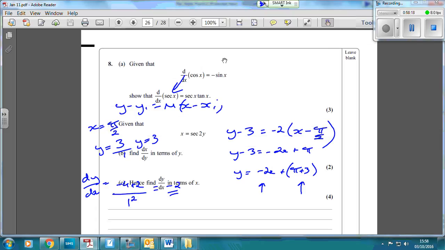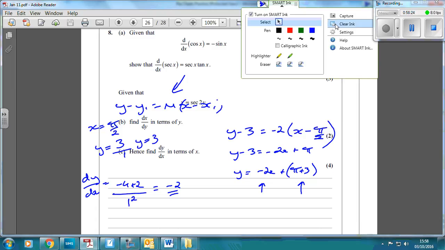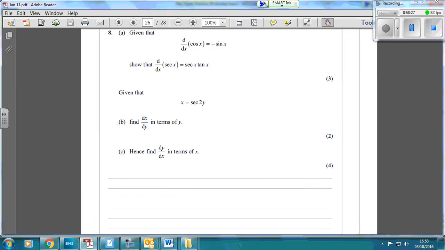Lovely. So, question 8. Given that, if you differentiate cos, like we said earlier, we get minus sine x. Show that if we differentiate this, we get sec x tan x. So sec x, y equals 1 over cos x.